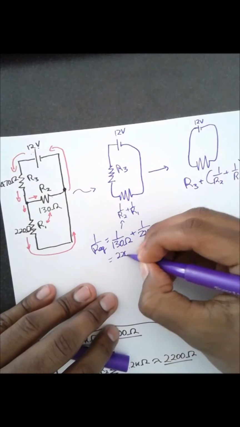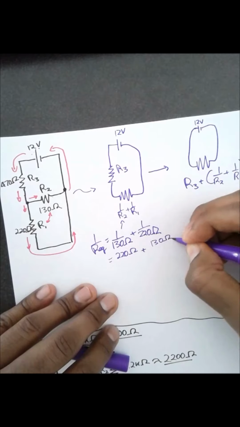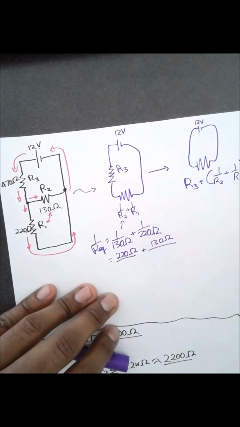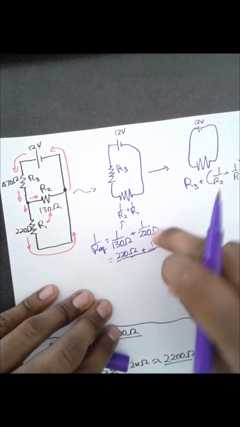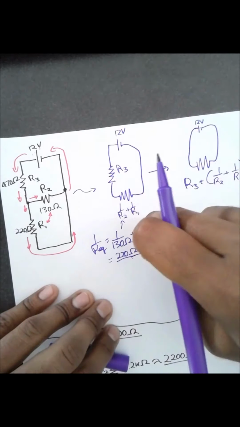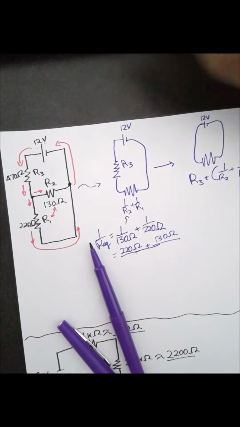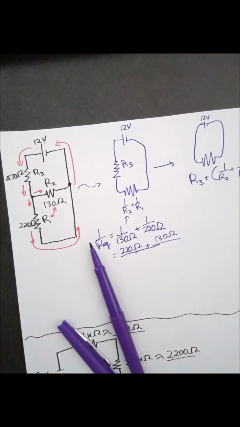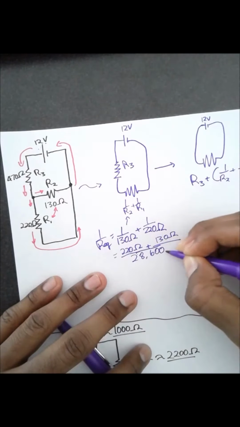Once again, I'm going to take the really lazy route of just brute forcing it, finding some multiple, not the least common multiple, by multiplying this by 220 and then multiplying that by 130. So we end up with 220 ohms plus 130 ohms divided by the product of those two numbers, which is 28,600 ohms.